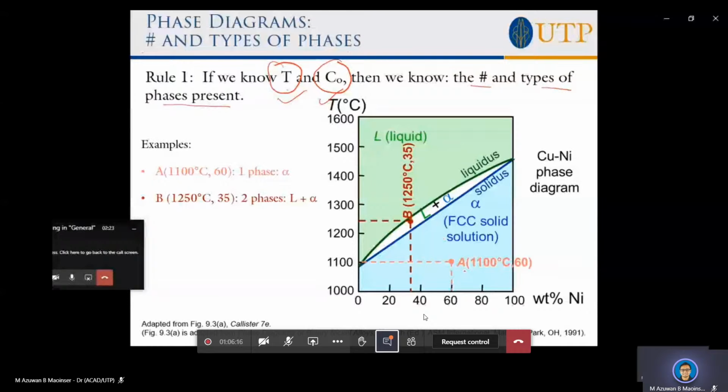For example, let's say you are at 1100 degrees Celsius and your composition is 60% nickel, 40% copper. If I want to trick you, I will say I am 40% copper. Where am I? I can say 60% nickel, or I can say I am 40% copper.